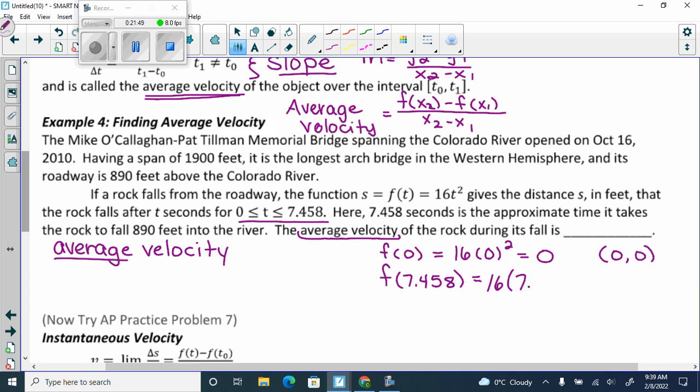16 times 7.458 squared. Now, just so you know, lately the AP exam sometimes asks for rounding to like the 10th. It used to be that they always wanted you to round to 3 decimal places. Then just recently they threw a rounding rule into one question. If they do not give you a rounding rule, which is the majority of the time, it is set in AP that you always round to 3 decimal places.